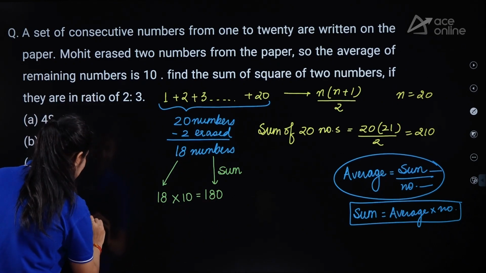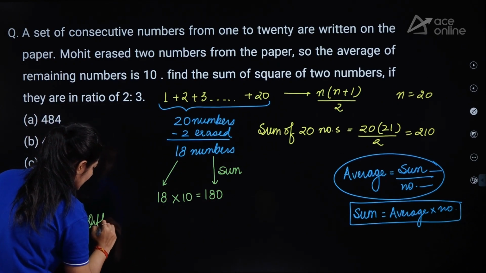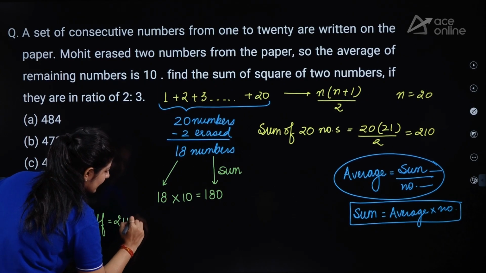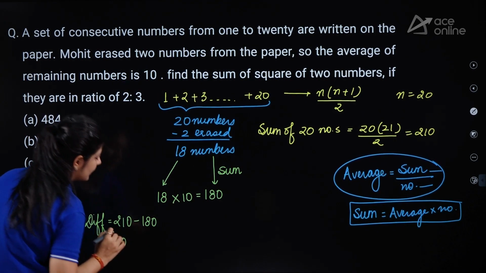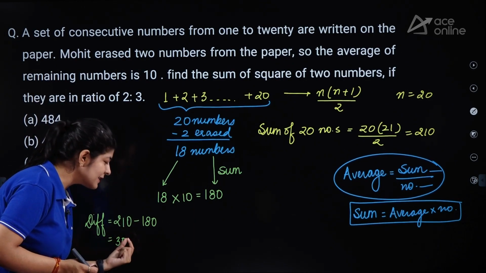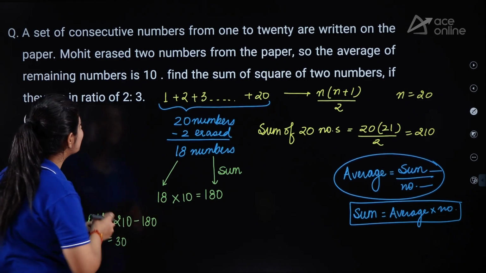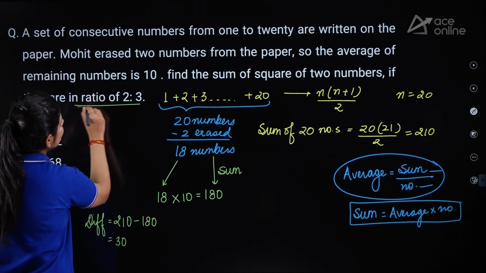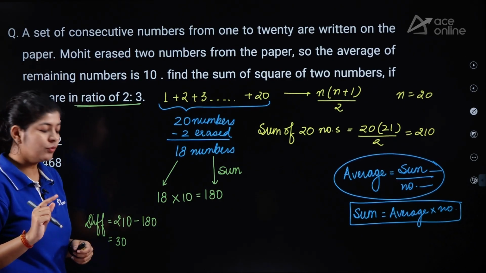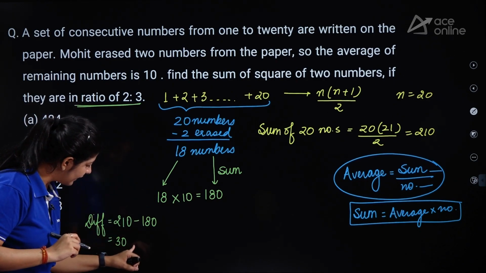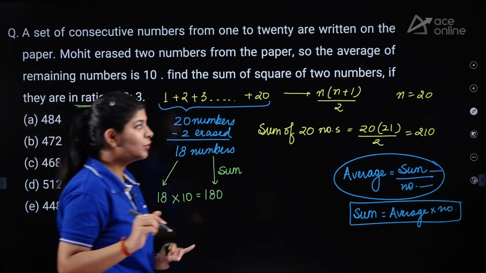So the difference is nothing but 30. There's a difference of 30. But this 30 is divided into 2 parts as the numbers which are erased are in the format of 2:3. That means we have to divide it in the ratio of 2:3.